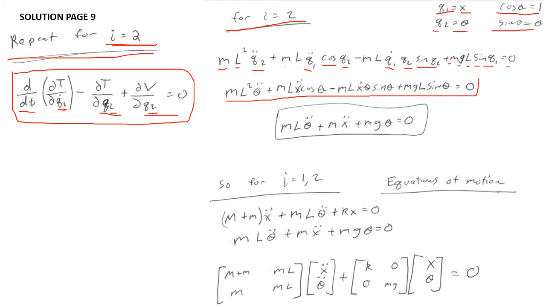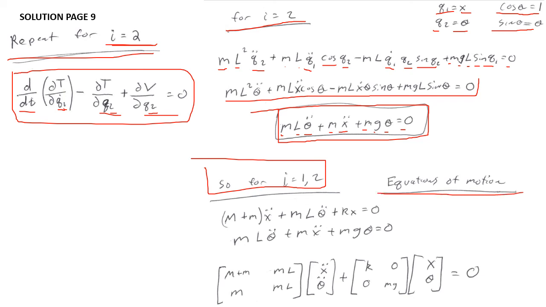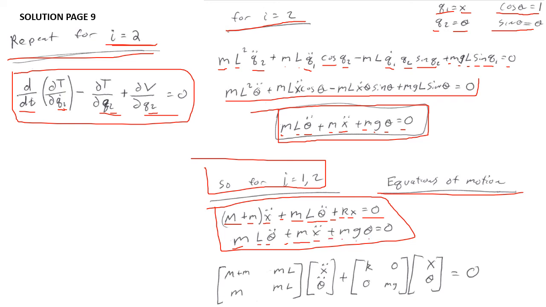Then when we plug in for the small oscillations, we end up with this relationship here: m l theta double dot plus m x double dot plus m g theta equals 0. So for i equals 1 and i equals 2, our equations of motion now become these right here. We have capital M plus lowercase m times x double dot plus m l theta double dot plus k x equals 0. And then we have m l theta double dot plus m x double dot plus m g theta equals 0.